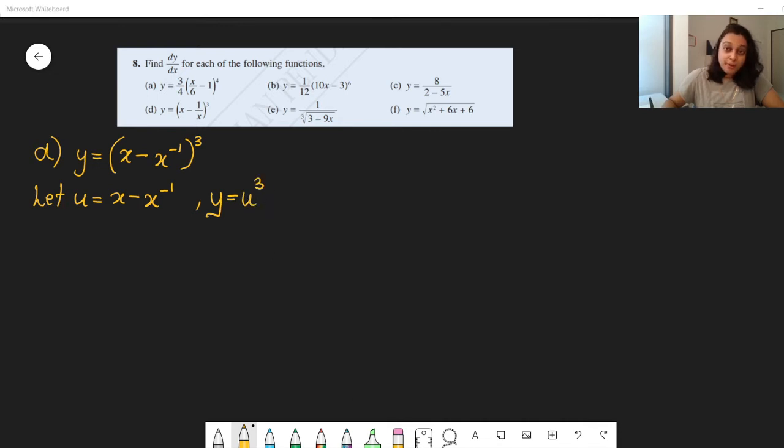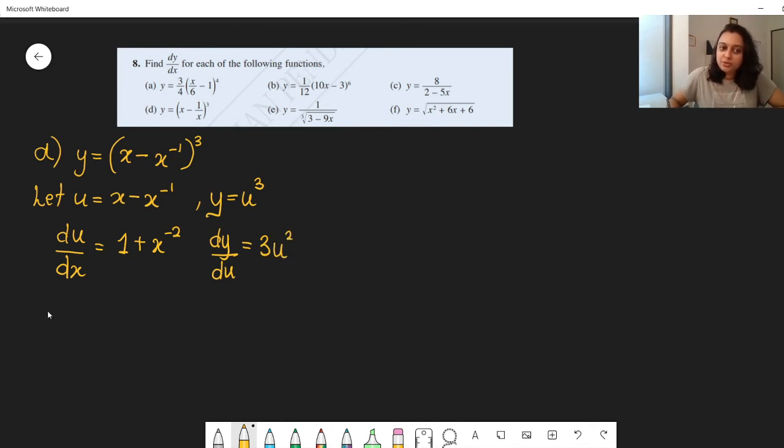Now differentiate: du dx becomes 1 plus x to the power of negative 2. Why negative 2? Because negative 1 minus 1. Then dy du becomes 3u squared.